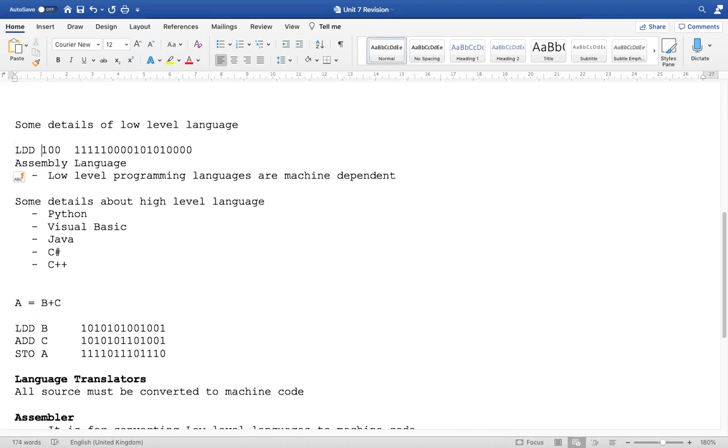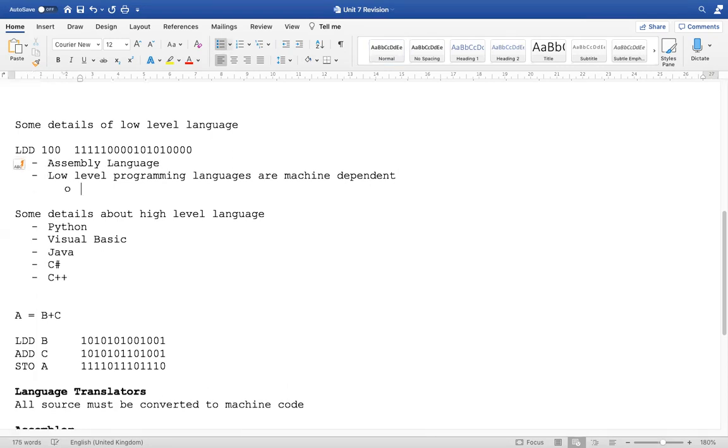Now, what that means is that machine dependence means that for one processor family, let's rephrase it, assembly language syntax for one processor may differ from another processor family.